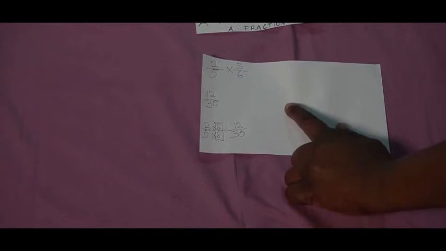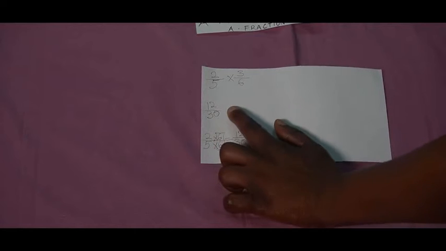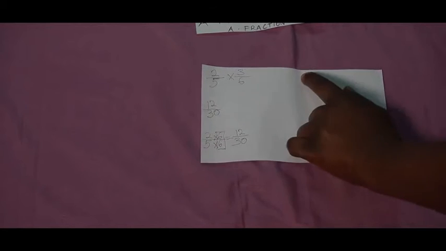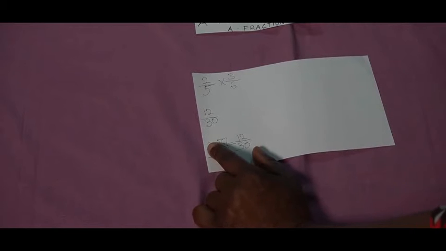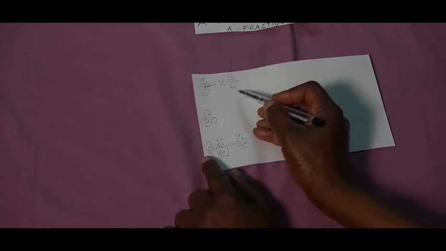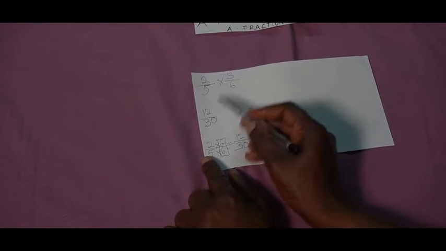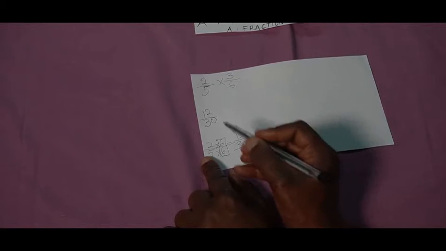Now, again I have to divide. 12 tells me I have to divide this into groups of 6. So let's do that.